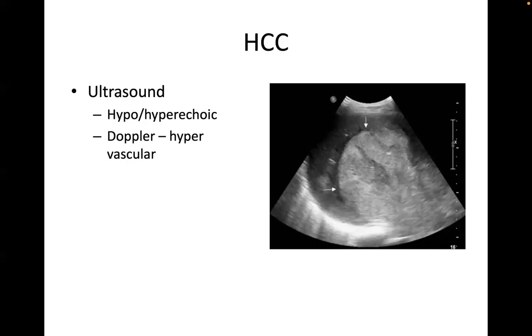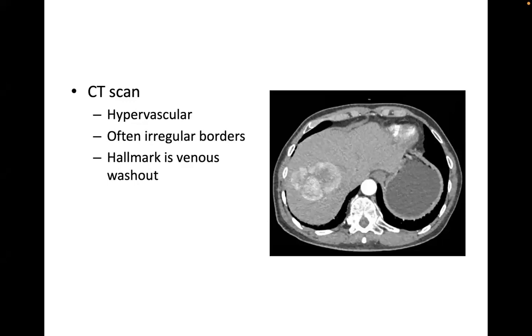They can be hyperintense, and on Doppler they are seen to be hypervascular. They mainly get their blood supply from the hepatic artery. So this is one of the pictures you can see on the CT scan: the hypervascular lesion, often with irregular borders. And then the hallmark of this is venous washout. They take contrast and then they wash out quickly.